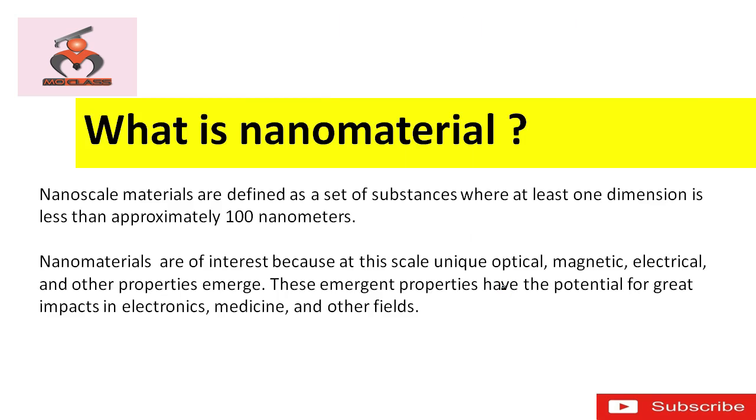There are a number of materials found in the range of 0.1 nanometer to 1 mm, but when we analyze the material, we have found that material in the range of 1 nanometer to 100 nanometer possesses unique characteristics. That's why we take the range of 1 nanometer to 100 nanometer to define nanomaterial.